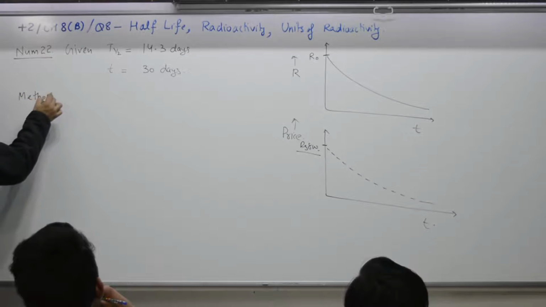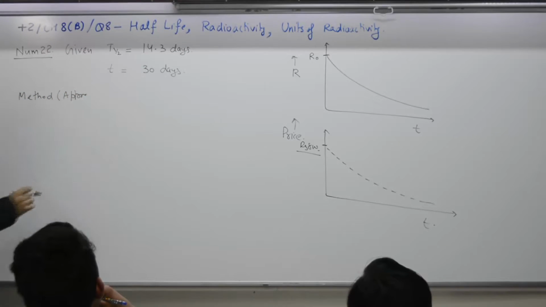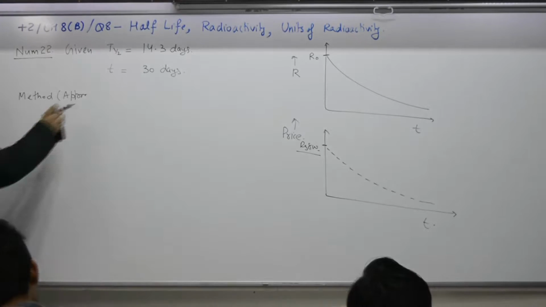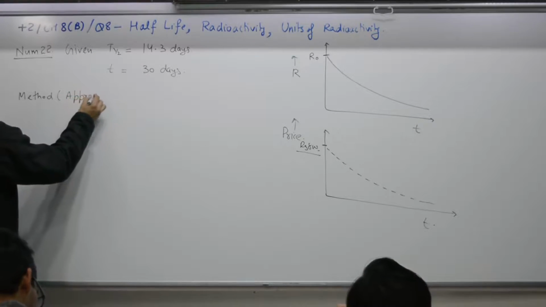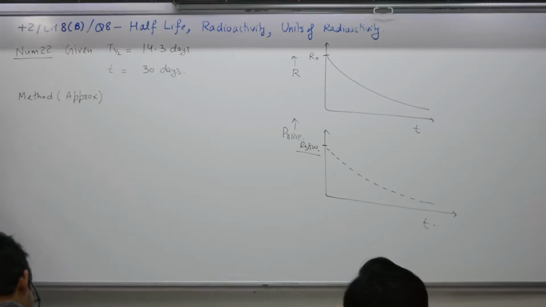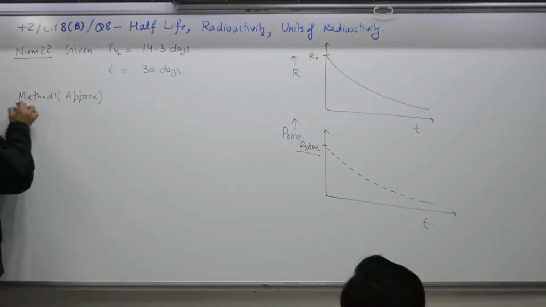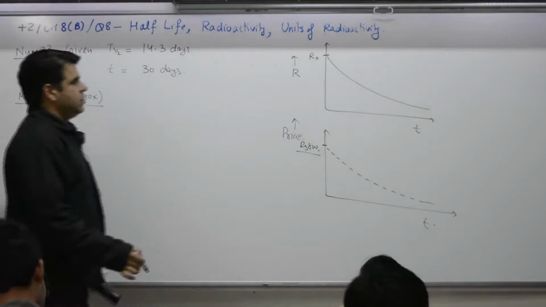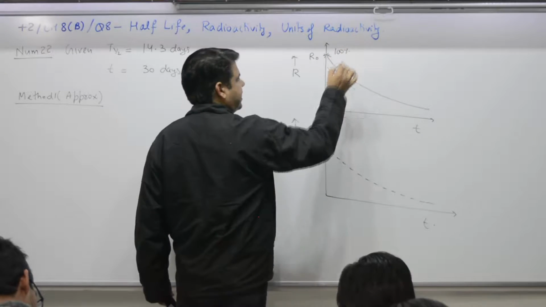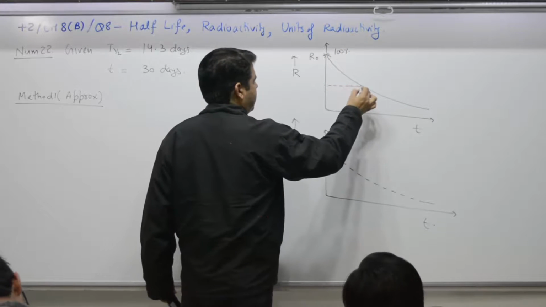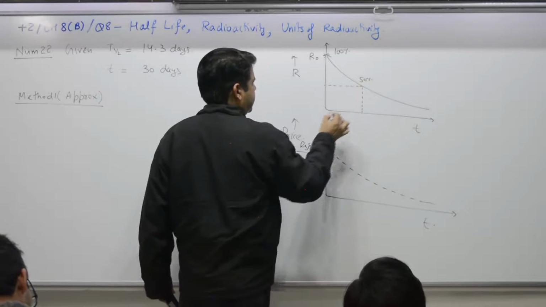So the question here is method 1, the approximate method. Original value, radioactivity 100%. After one half-life, yes, 50%.